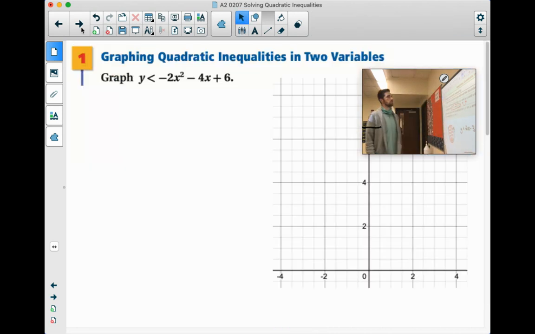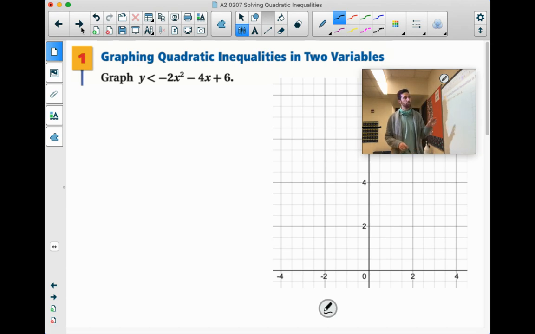So let's try it out. Graph y is less than negative 2x squared minus 4x plus 6. We can figure out all kinds of stuff from this parabola before we even graph it. We know that a is negative, so it's going to be an upside down parabola.